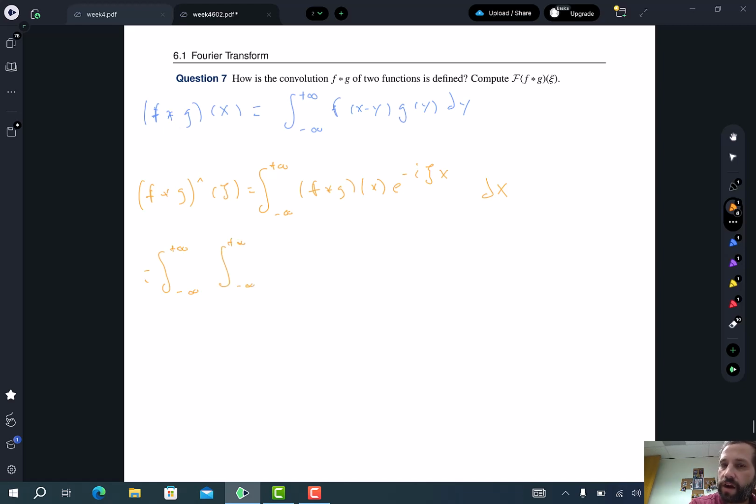I just need to be careful here. This is going to be equal to the integral of f of x minus y, careful meaning I need to get everything in the right order, g of y dy, e to the minus i c x dx.